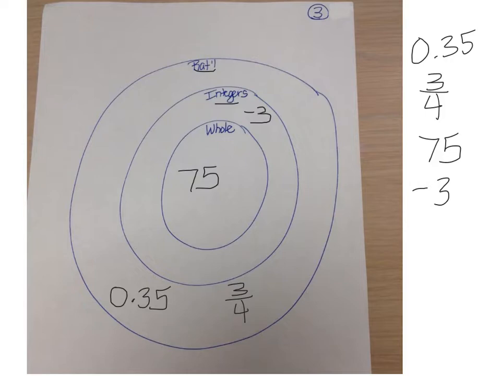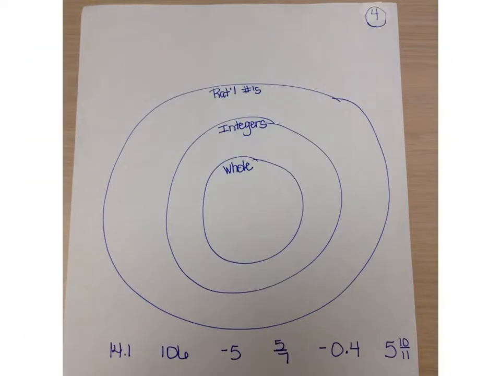So let's move to square 4. Okay, we're going to classify these numbers down here at the bottom. And the best way when you're classifying is to draw, like I said, the Venn diagram and put the numbers where you know they go, and then you can figure out which section they are, how to classify them.